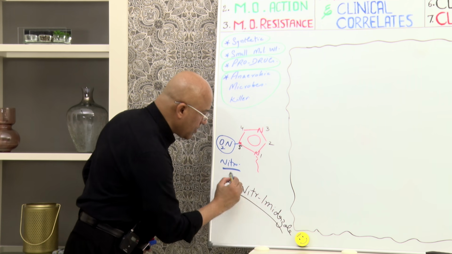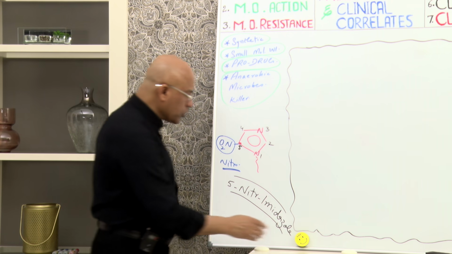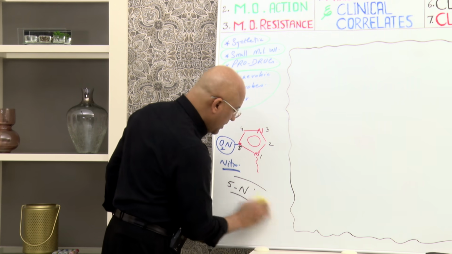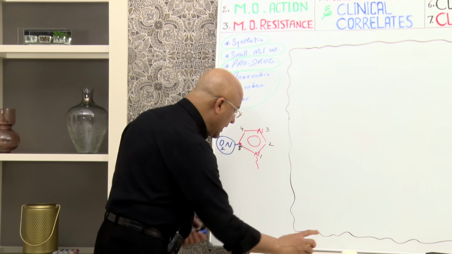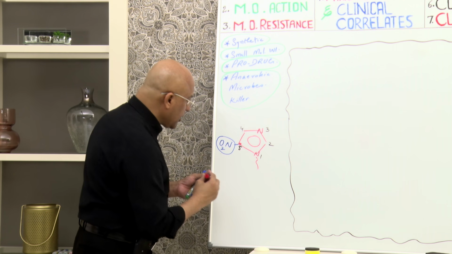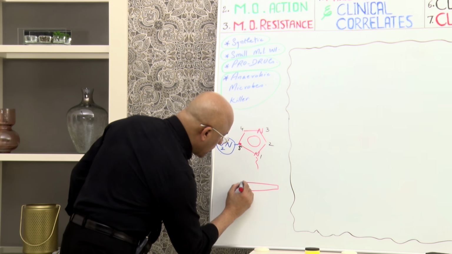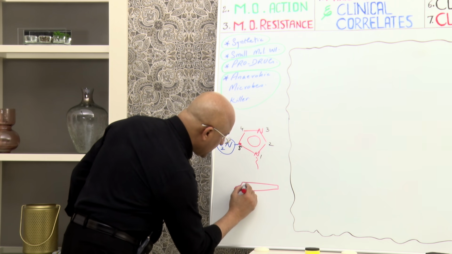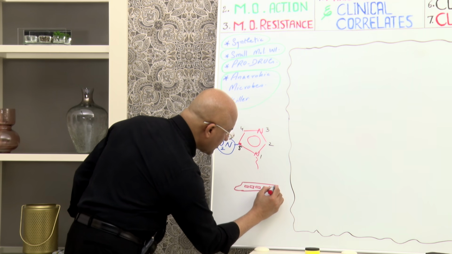This is basically metronidazole. Now what I'm going to do for simplicity, and for a little fun, let me represent this imidazole ring as a metro. You know, for transportation we use metro in some cities.